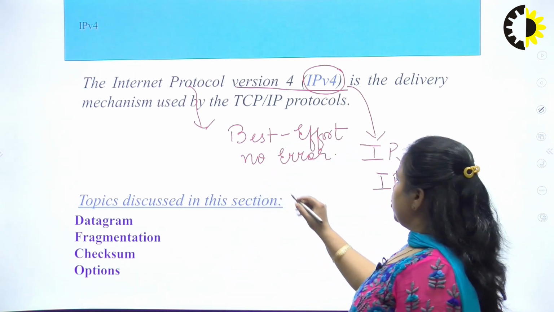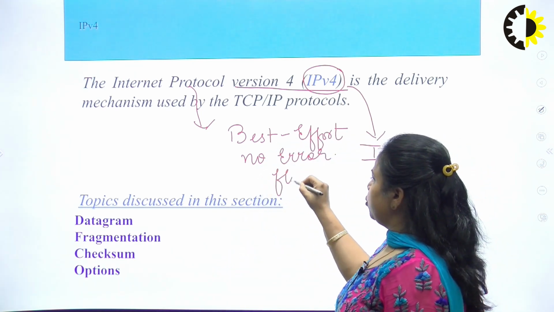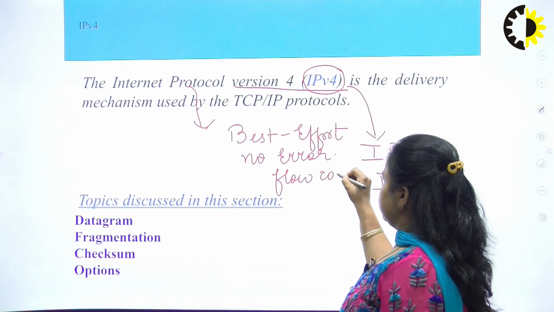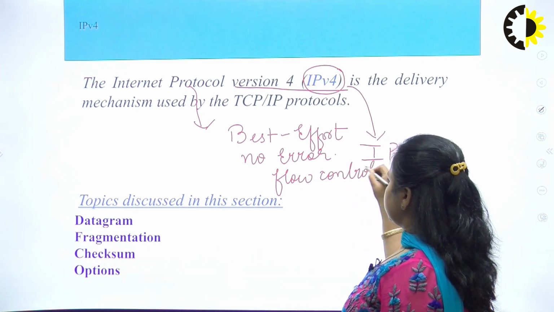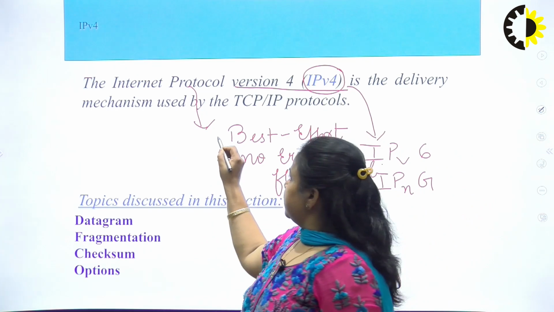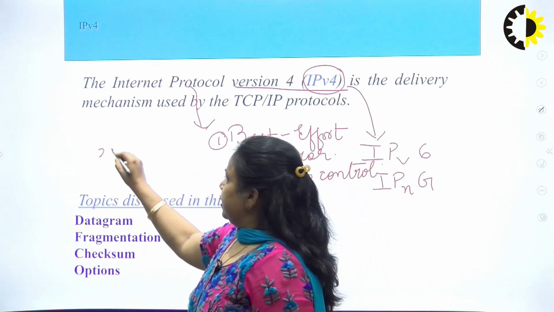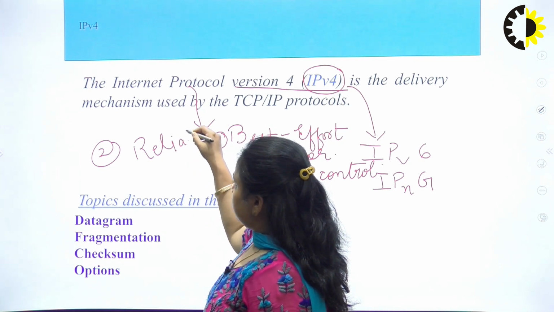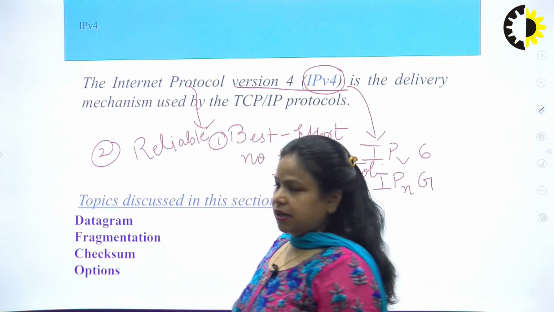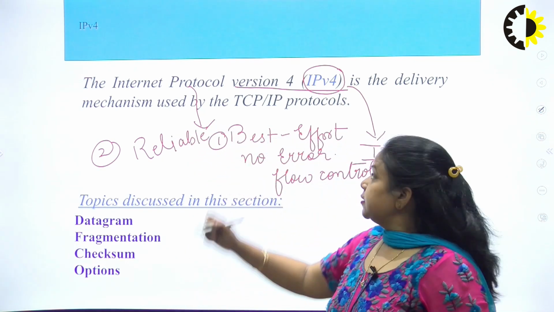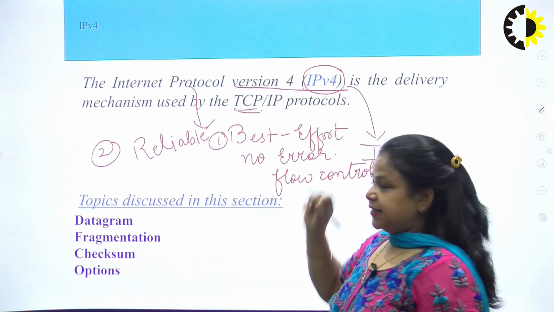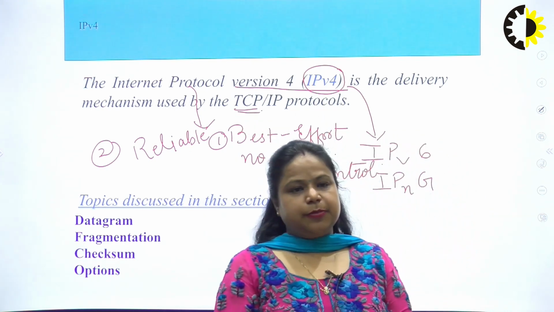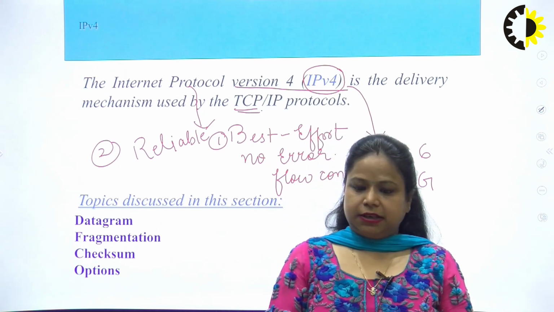The second property is that it is an unreliable protocol. It is always paired with a reliable protocol, that is the TCP protocol, to transmit the data, right?